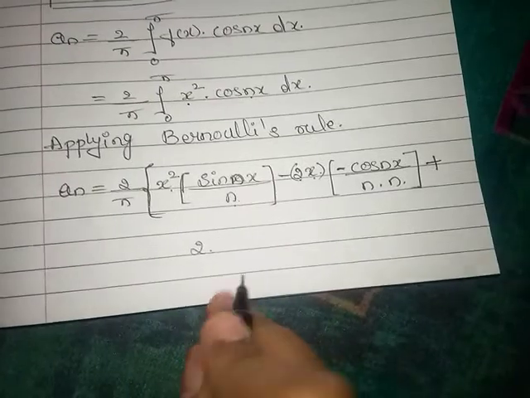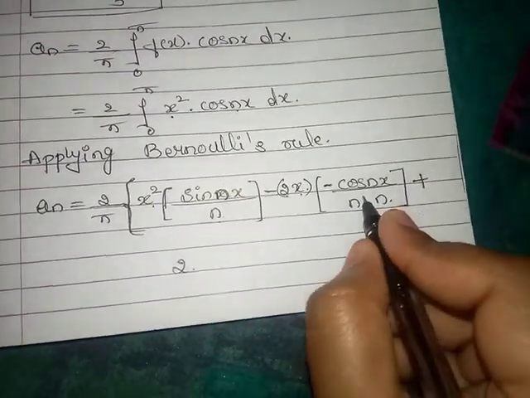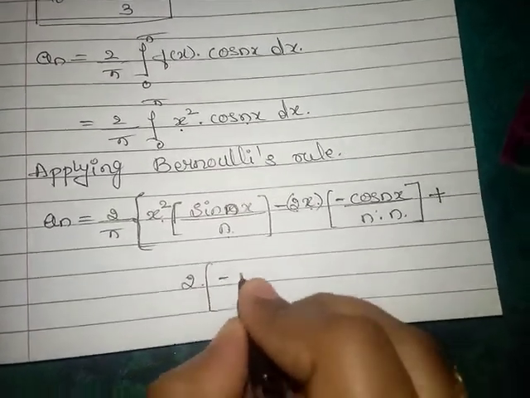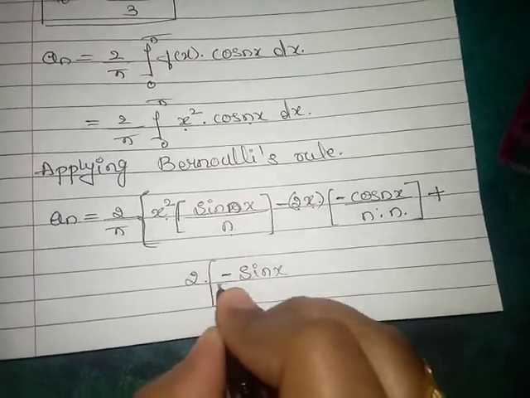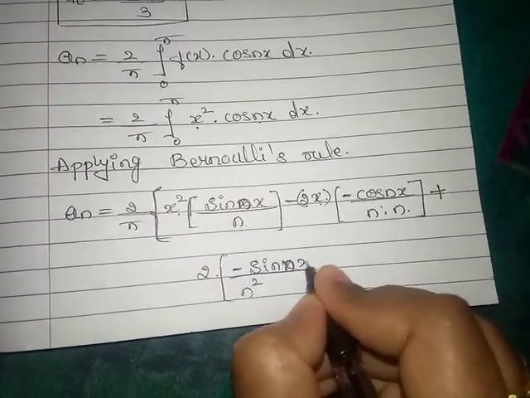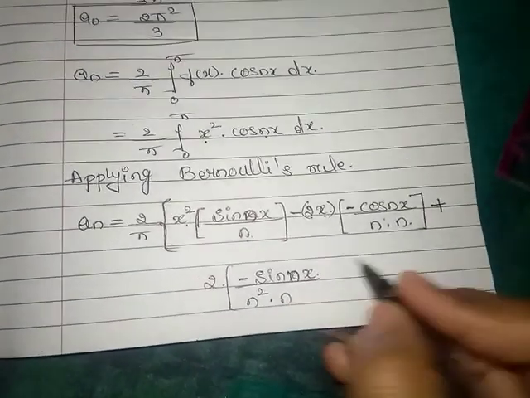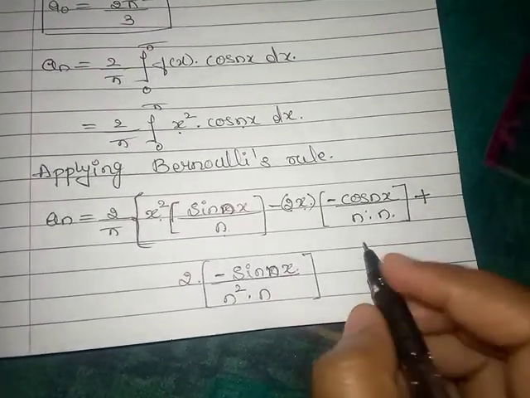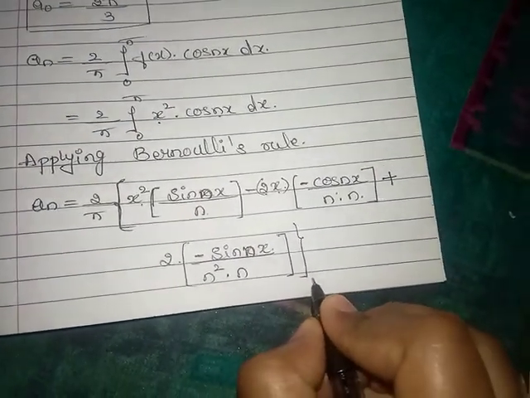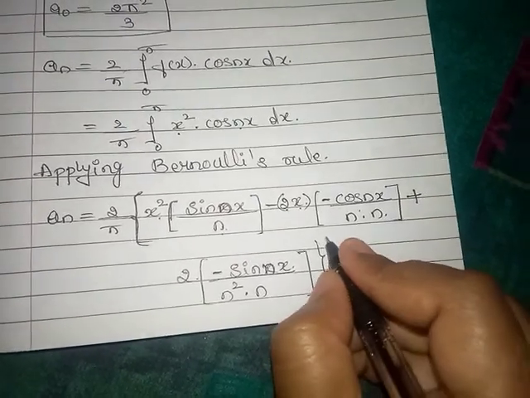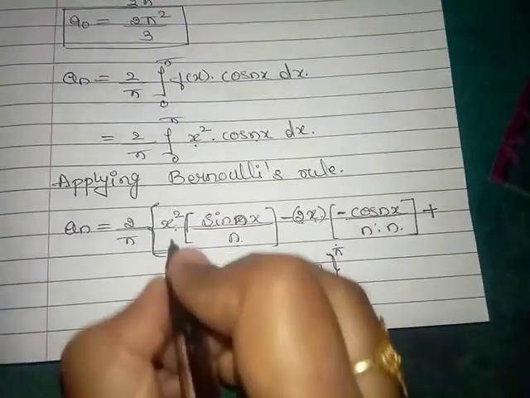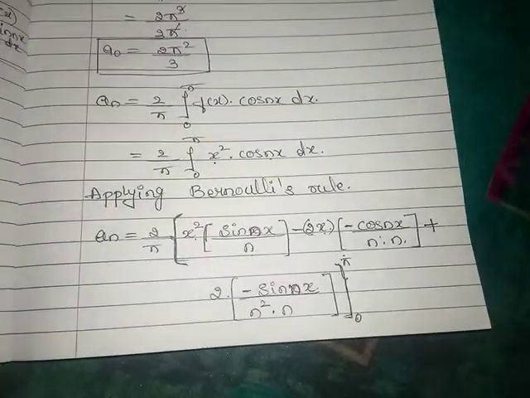Again integrating this one, it will be minus sin nx divided by n square, and for this one it is n cube. And this is with limits from 0 to pi. Here I have to take only a square bracket because I have to write the limits.